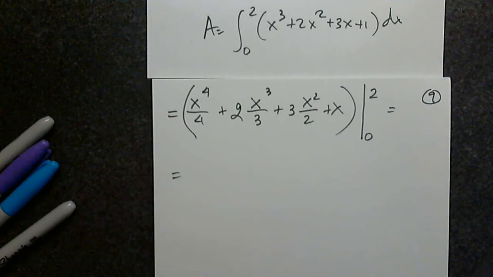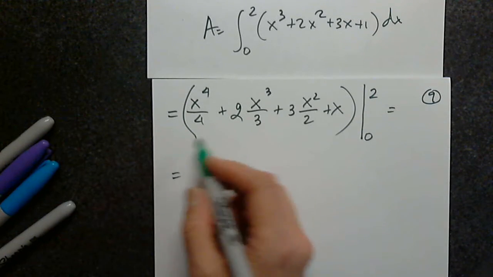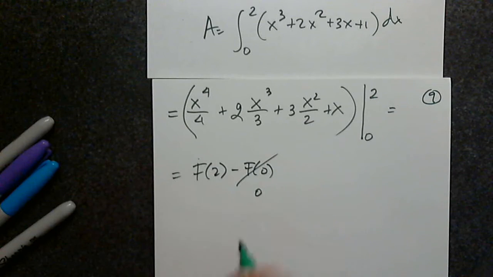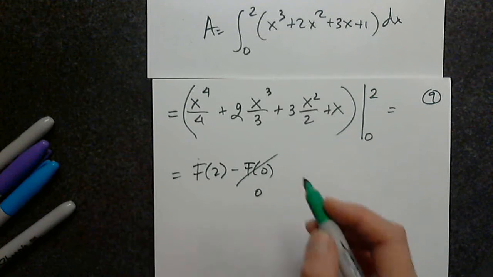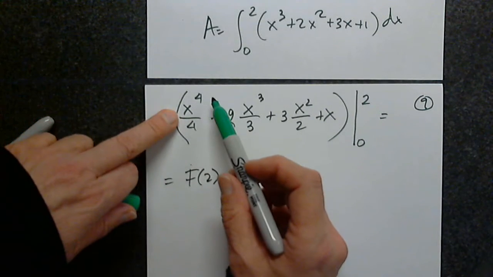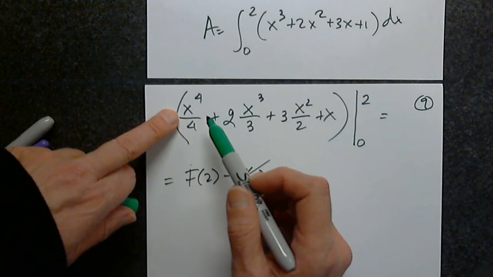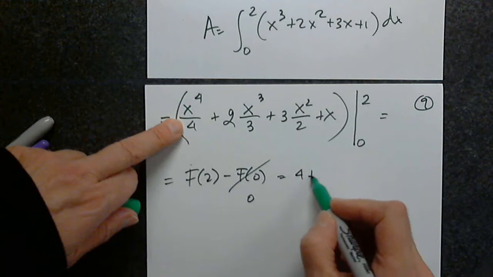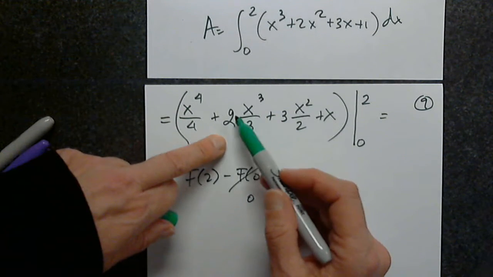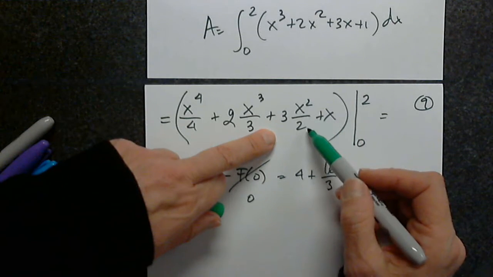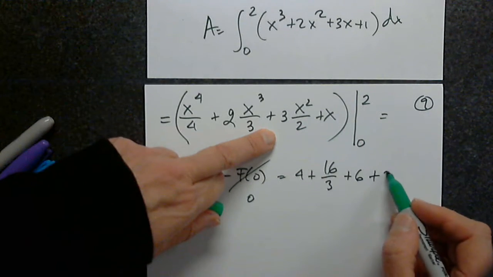So in this case, this is the antiderivative, so this will be f of 2 minus f of 0, but this happened to be 0. So then 2 to the 4th, 16 divided by 4 is 4, plus 8 times 2, 16 thirds, plus 4 divided by 2 is 2, 2 times 3 will be 6, plus 2.